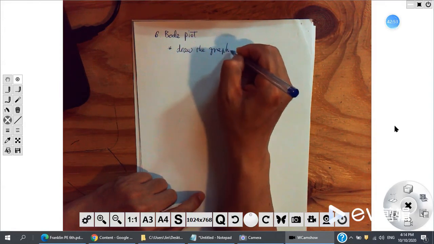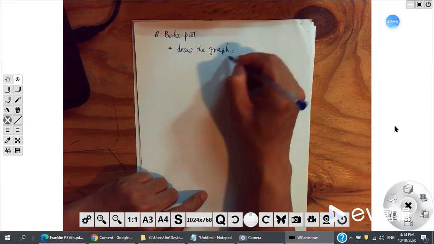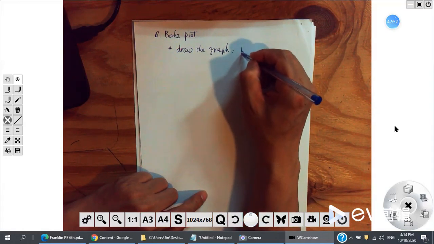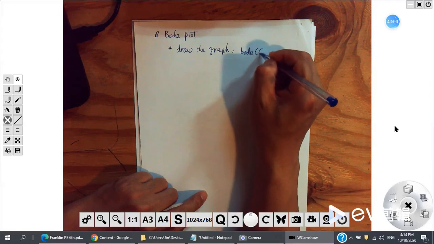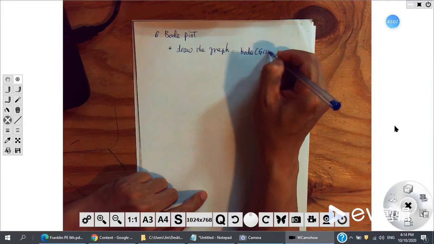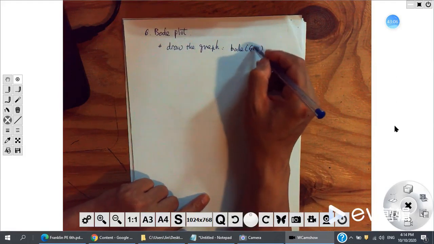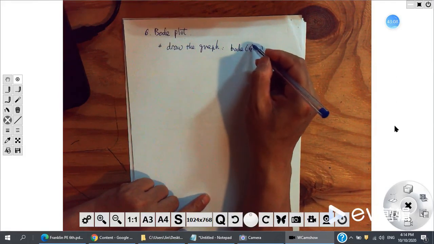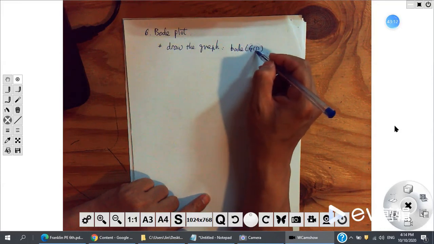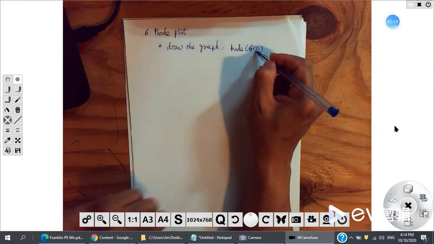Draw the graph. In MATLAB, you just use bode of that G(s). This is G(s), this overall thing. The bode plot of G(s) is just bode plot of G(s). You know what I mean?